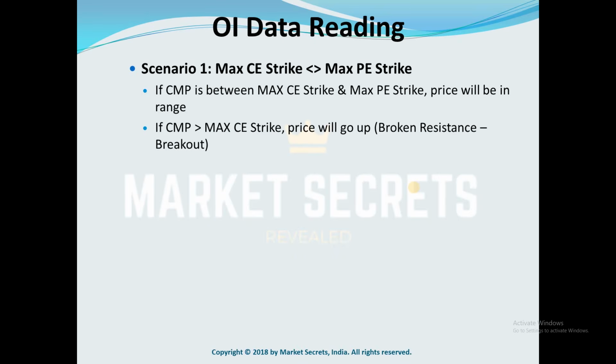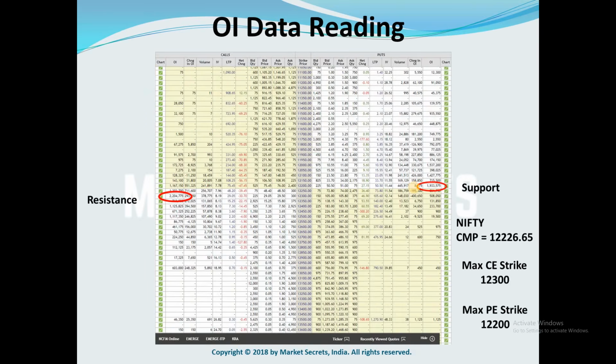In case the current market price is greater than the max CE strike, then the price of the stock or index will go up. This simply indicates the price has already broken the resistance, it has given a breakout, so it will continue to go up. Going back to the previous data table, if the current market price is above 12,300, which is your max CE strike, it indicates the price has already broken the resistance.